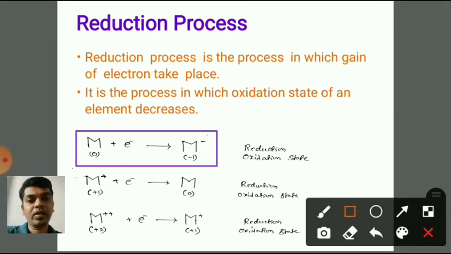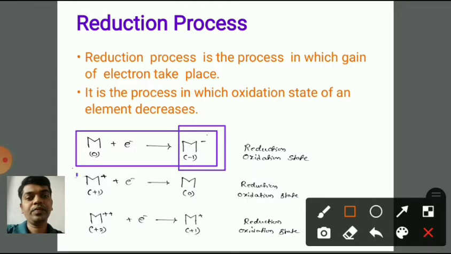After gaining one electron by neutral M, it will form negatively charged M minus, which has the oxidation state -1, due to the presence of that negative charge over it. So here also the oxidation state changes by the addition of the electron, from 0 to -1.